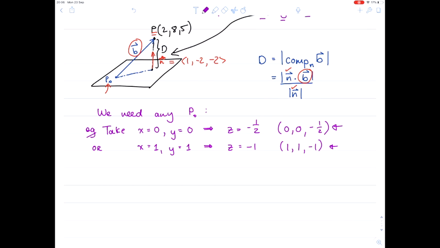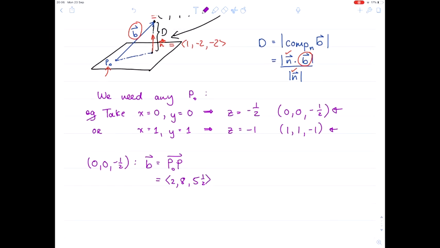Okay, so using 0, 0, minus a half, this gives us that our vector b, which is the vector from p naught to p, is going to be 2 minus 0, 8 minus 0, and 5 minus minus a half, which is going to give us the vector 2, 8, and 5.5.